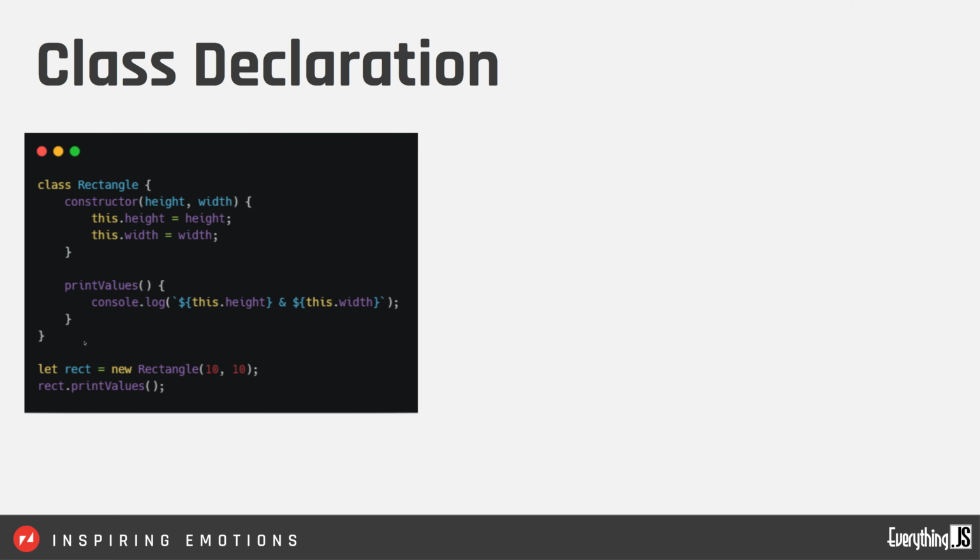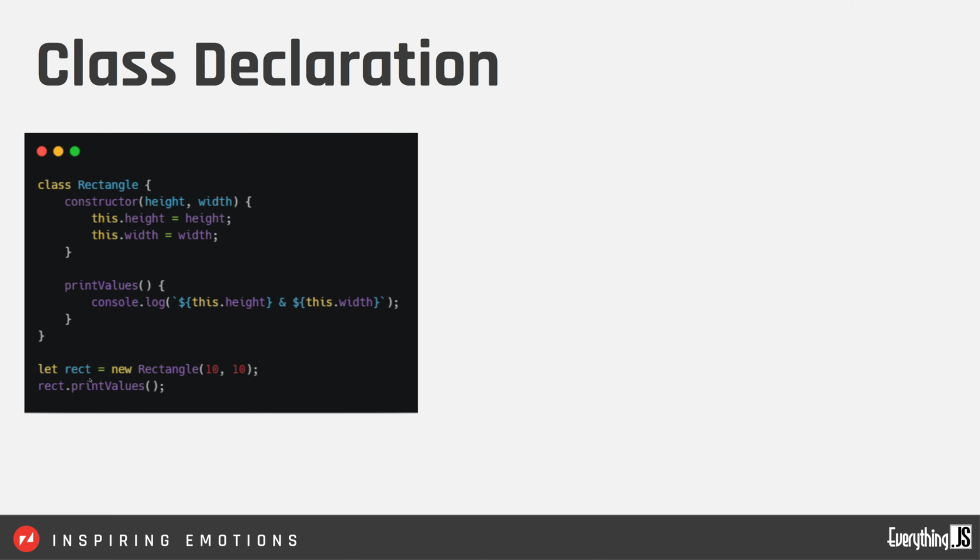So same like Java, you have to new the class and pass the constructor parameters, and you can get an object. By using that object, you can access the methods inside the class. So this is how we are declaring a class in the ES6 way.